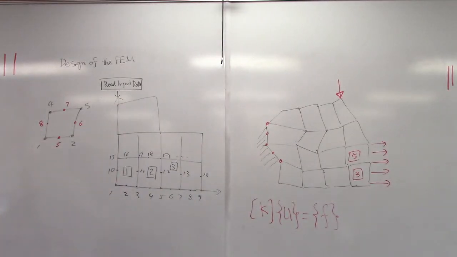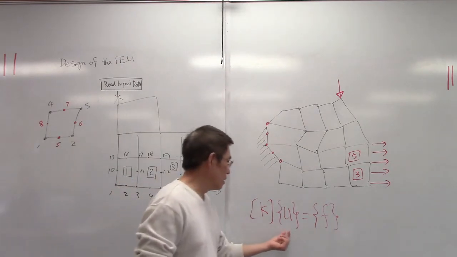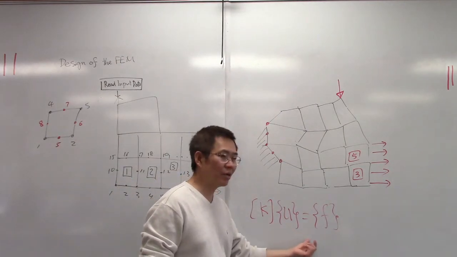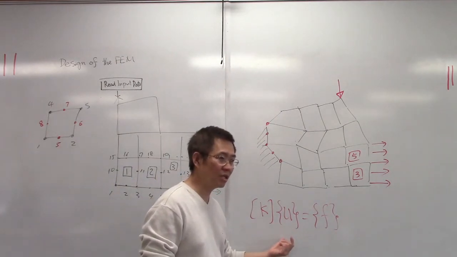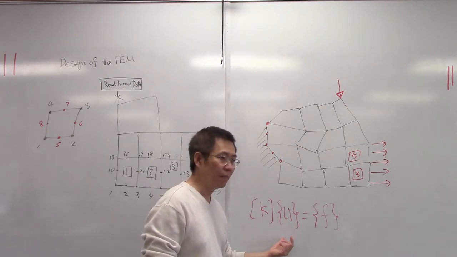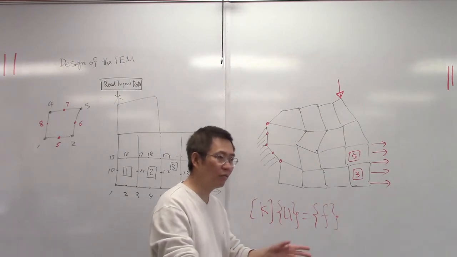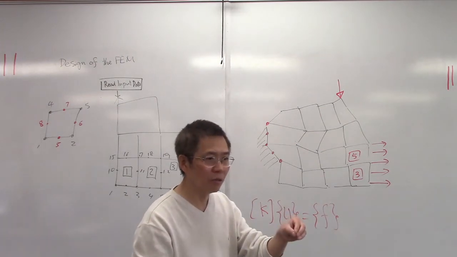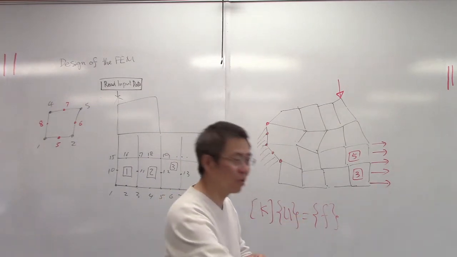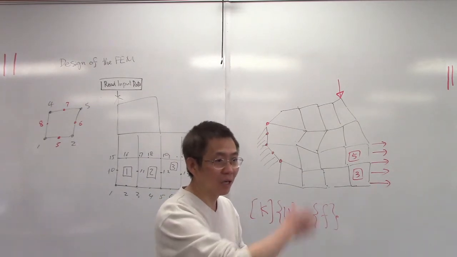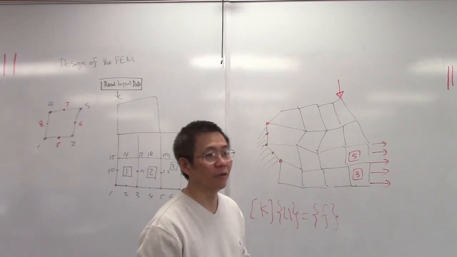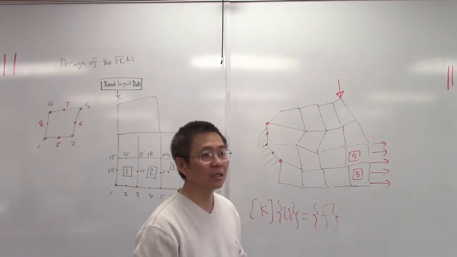Okay, and that is a more elaborate issue of how to impose essential boundary conditions. We have not handled that in detail yet. In all the homework problems, we just assume it's 0 essential boundary condition and just eliminate that row and column from the system equation.